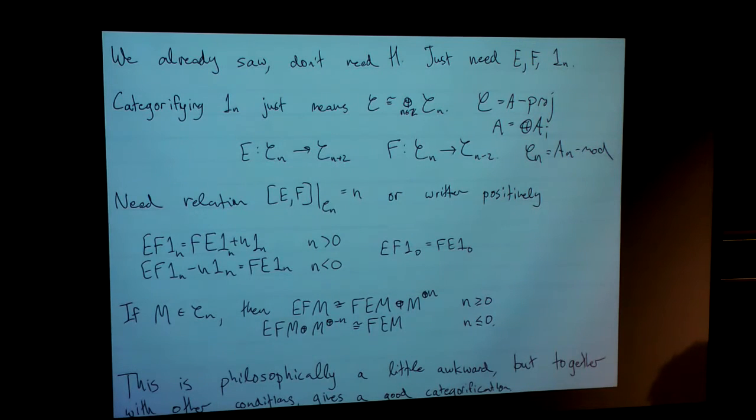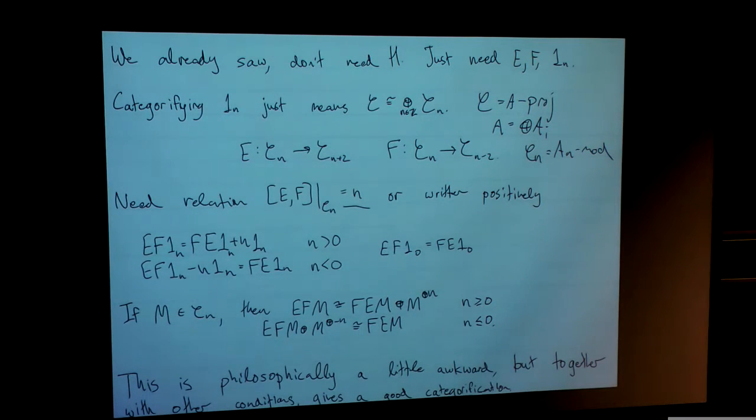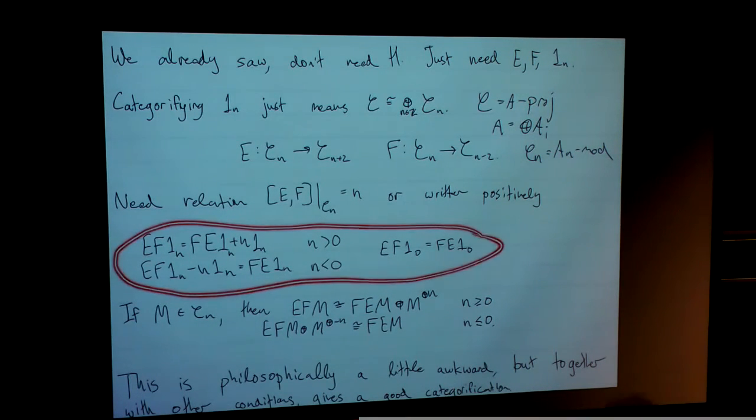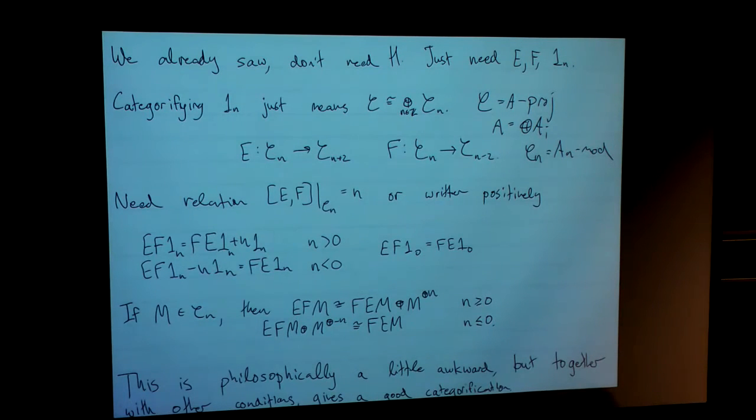There's only one other relation. We need the relation that if we take the commutator of E and F and act on something in C_n, we somehow get n times the identity. Now, as discussed before, having that commutator there is a problem, because it involves a minus sign. So I want to write this equation positively.